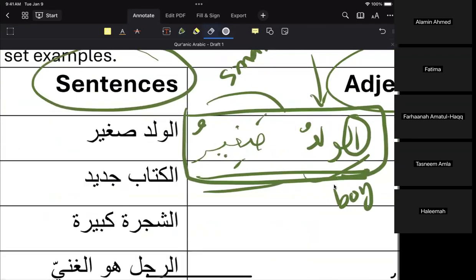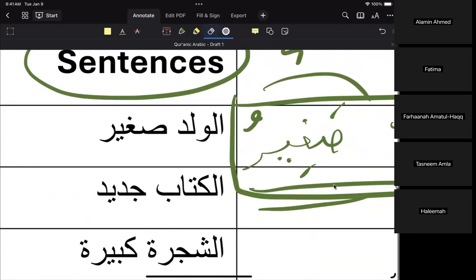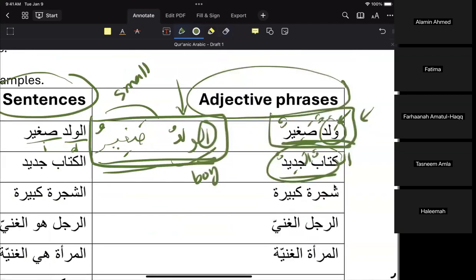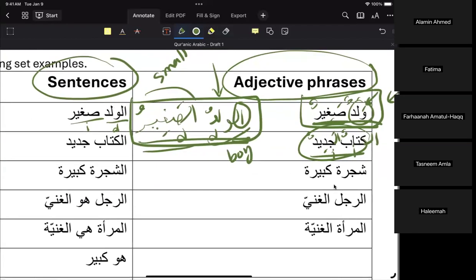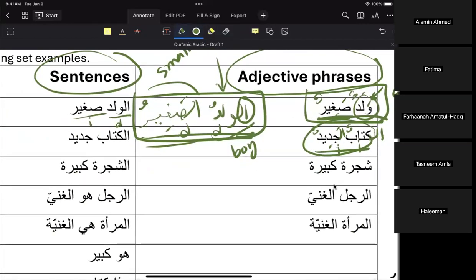So anytime you have a break between definite and indefinite, you have a sentence. And when they match, here this is definite, this is definite, and here you have indefinite, indefinite, then they're adjective phrases. Okay, so this rule is a little bit tricky, but it is very important to note.